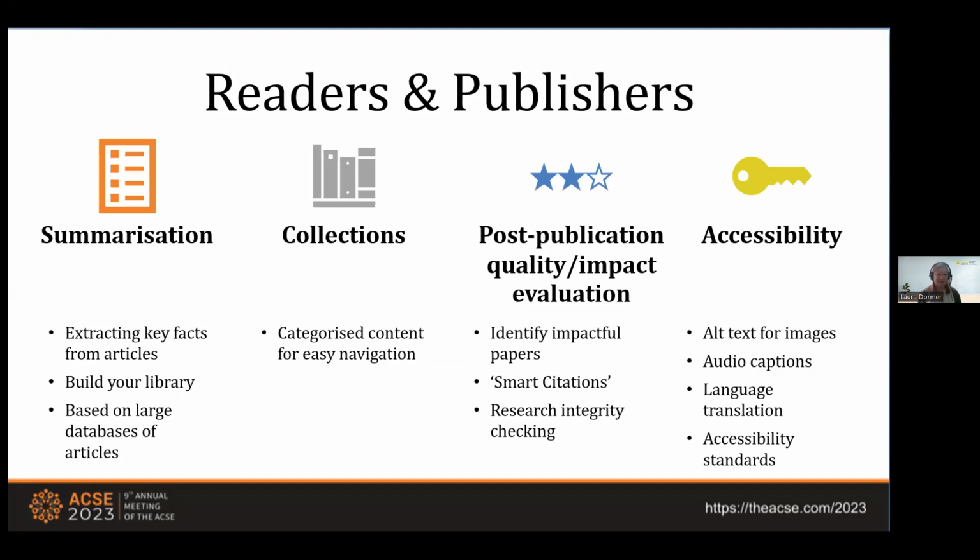Thinking then after the publication process, there's lots of tools that are starting to become available that might perhaps help readers digest that information. So tools, things like Semantic Scholar, Scholarcy, things like that.